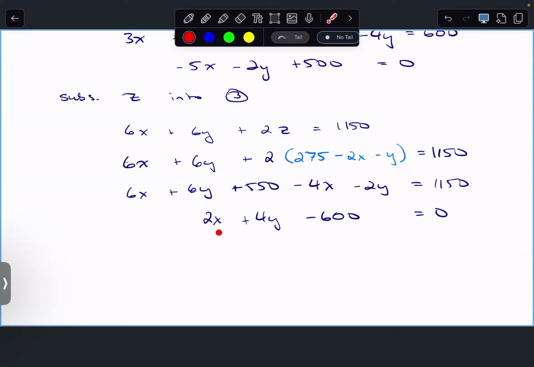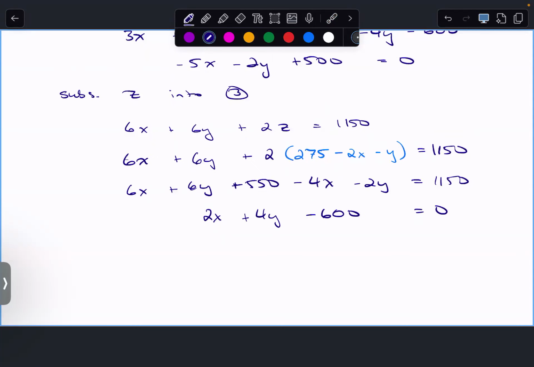This one is nice, right? Because you can solve for x relatively easily. So, sure, let's do that. I'm going to solve for x in the new 3. This is still equation 3, it's just been manipulated.